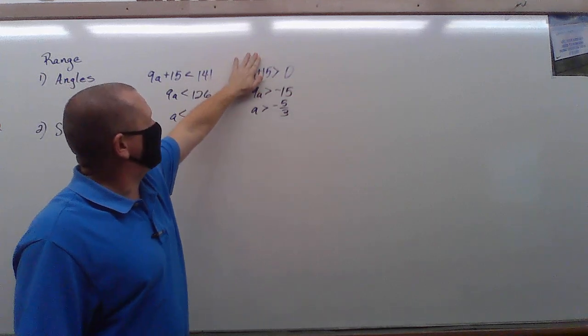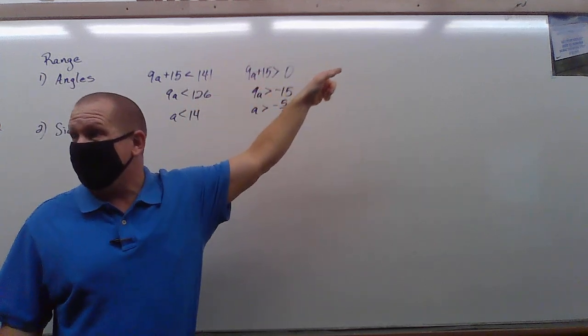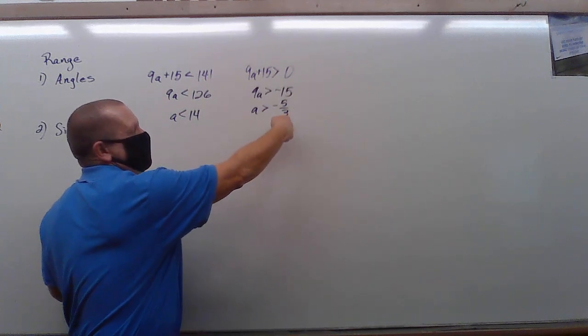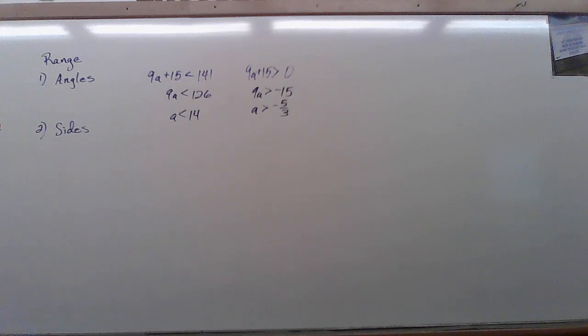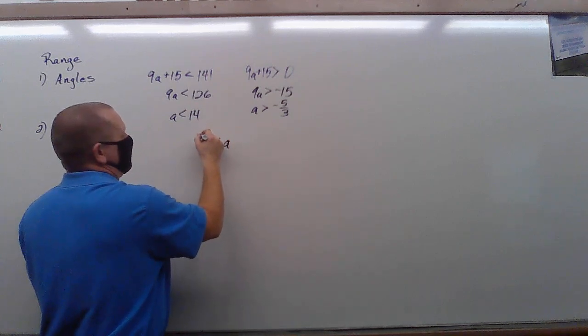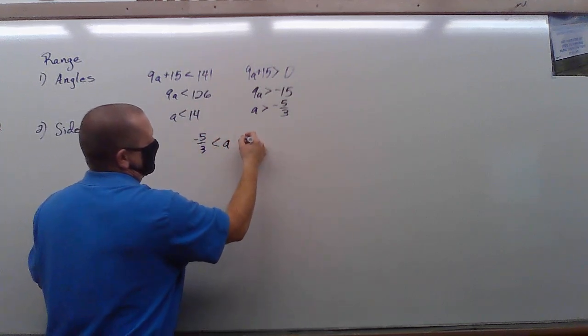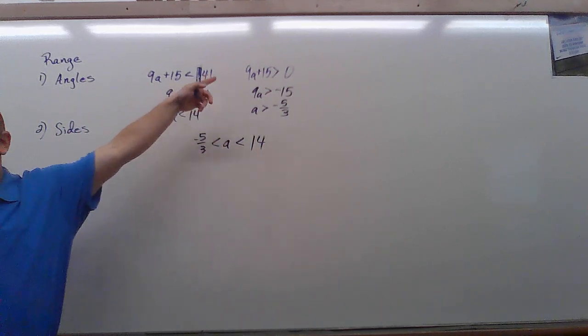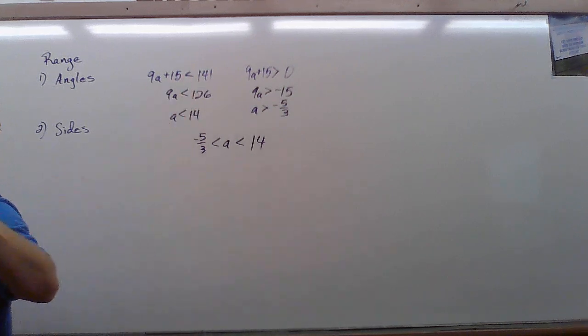When I put 0 here, it cancels out, and I get 15 is greater than 0. Is that true? Yeah. So even though my A happens to be negative, it doesn't mean that my answer is wrong. I just can't get an angle that is negative. So the actual variable can be negative. So what's my range? A has to be greater than negative 5/3 and less than 14. If I pick any number inside of there, it should make both of my inequalities a true statement.